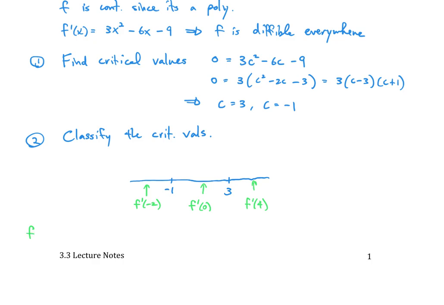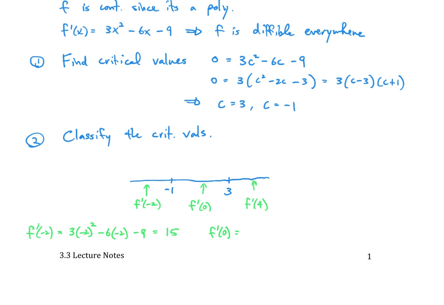We get f prime of -2. What is that going to be equal to? That's going to be equal to 3 times -2 squared minus 6 times -2 minus 9. When we evaluate this, we're going to get 15. Okay. When I calculate f prime of 0, plugging in a 0, the first term is 0, the second term is going to be 0 in the derivative.